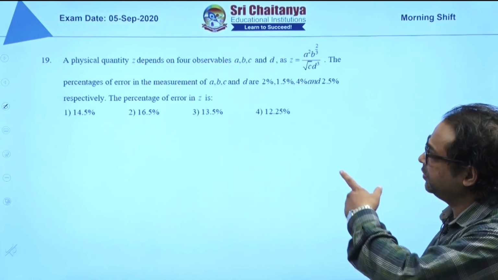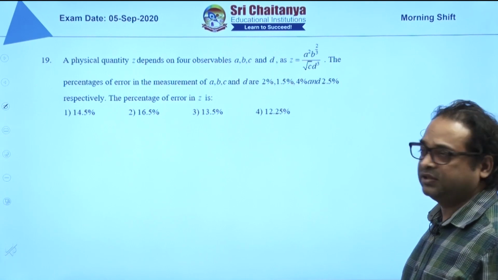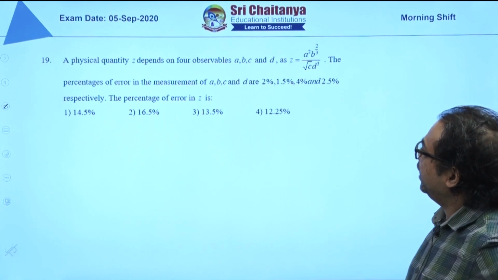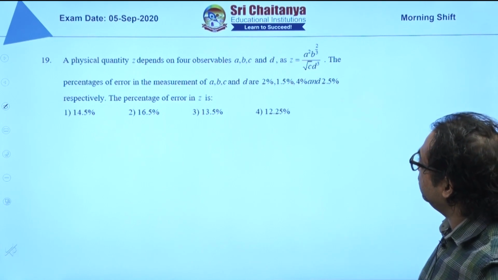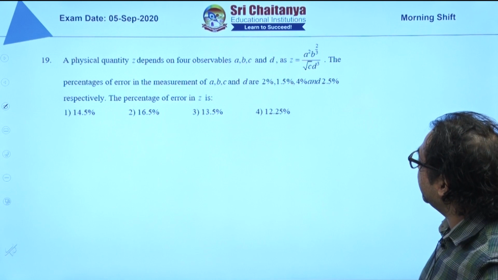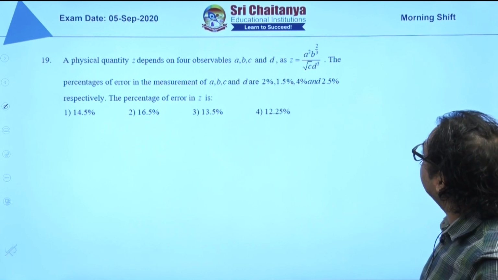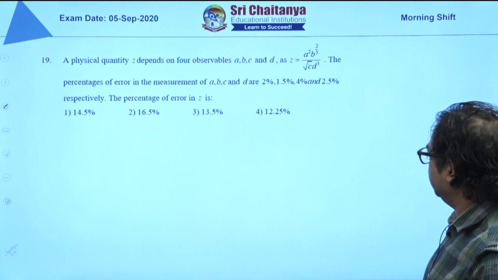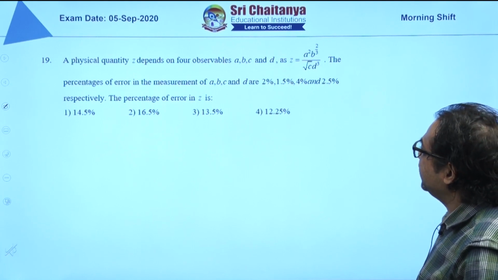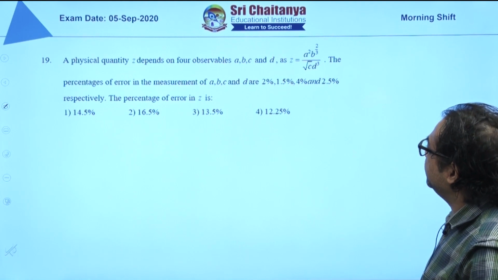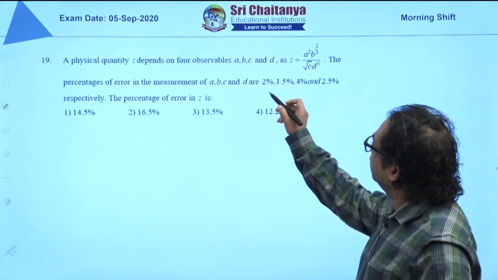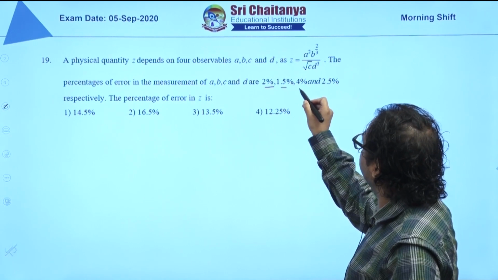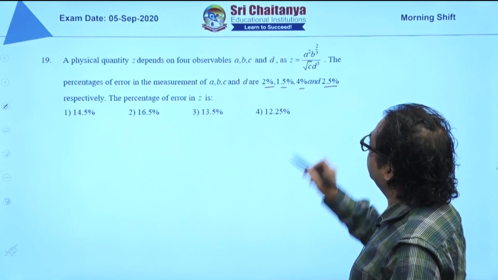So, we can proceed to question number 19. This is a question based on error. A physical quantity Z depends upon 4 variables A, B, C, D. Z equals A square B to the power 2 by 3 over root of C D cube. The percentage error in measurement is given: for A it is 2%, for B 1.5%, for C 4% and for D 2.5%.